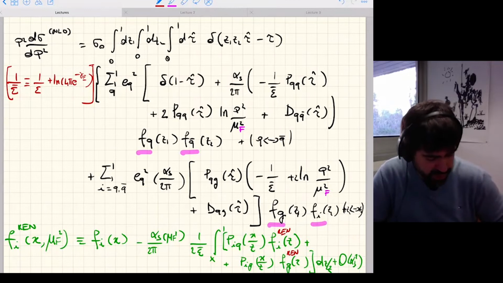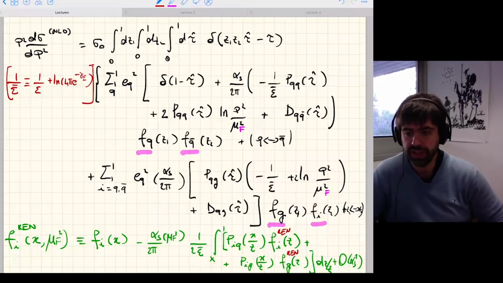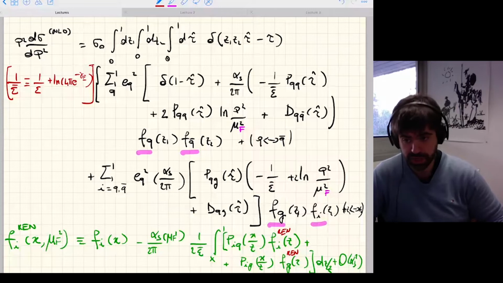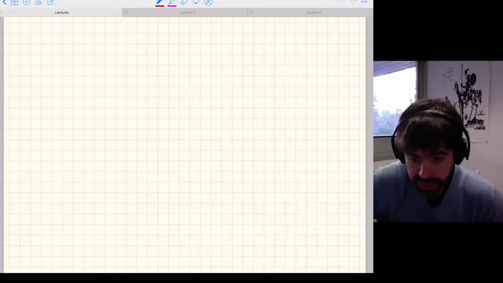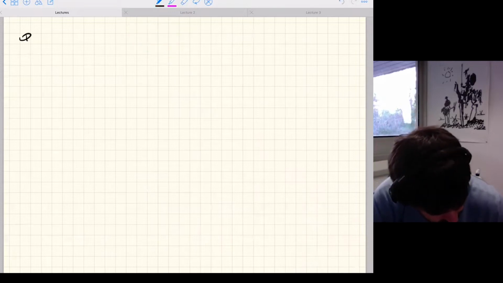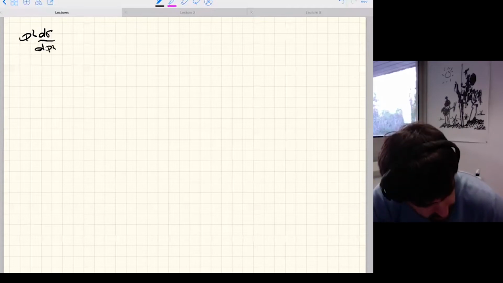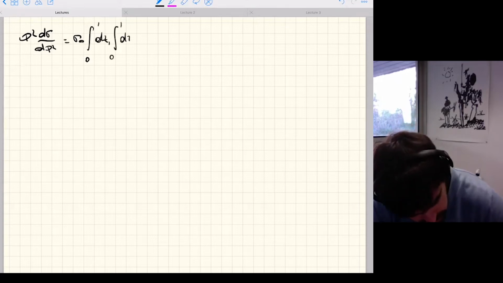You solve here for the Fi, you substitute in the cross-section, and at the end of the day you only have a result which is expressed in terms of the renormalized PDF. Okay, so let's write it. I write it with the same structure I wrote before, so nothing changes here.